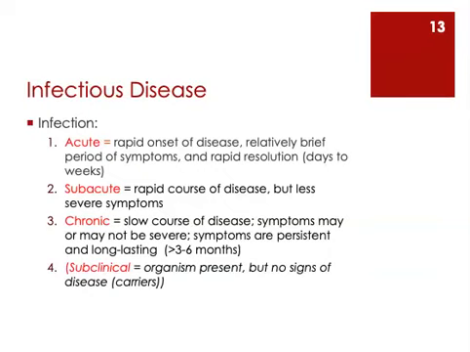Now, for an infectious disease to become chronic, it now is described as having a slow course. Symptoms of chronic infections can sometimes be severe, but are sometimes much less severe. The critical thing is that these symptoms are persisting and long-lasting.